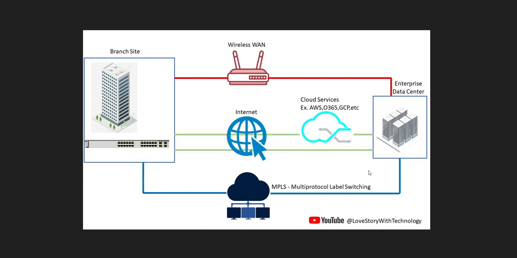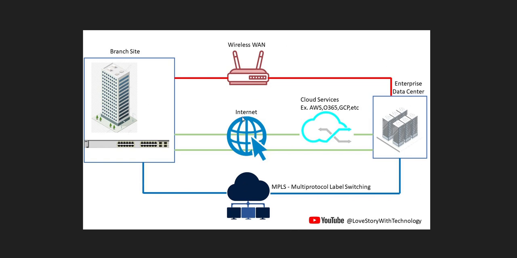Think if you are a global company and your branches are located in every state of a country, at that time you have a big challenge to manage your network centrally. So by using SD-WAN technology, you can set up your central network management using this network architecture.